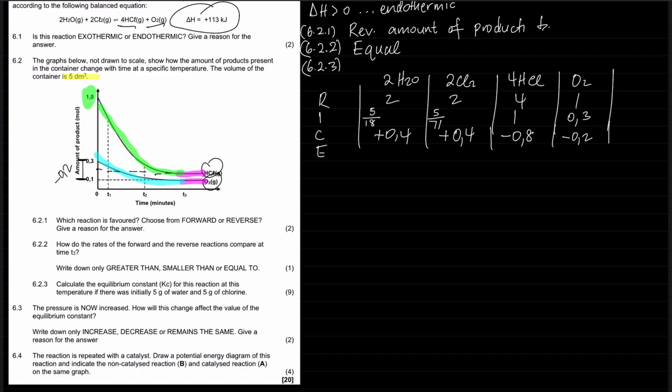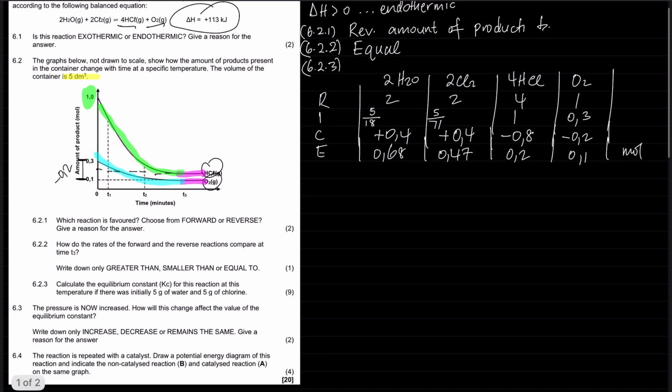Now, for the equilibrium, we're going to have 5 over 18 plus 0.4. That's going to give me 0.68. For Cl2, it's going to give me 0.47. For HCl, it's going to give me 0.2. For O2, it's going to give me 0.1. Now, these are the moles. Remember, for Kc, we need concentration.